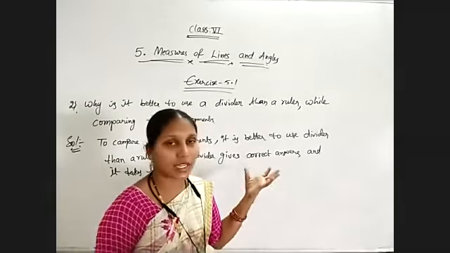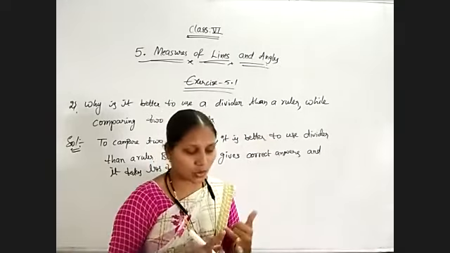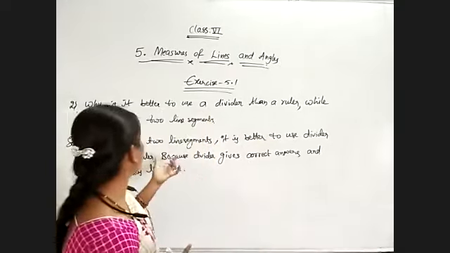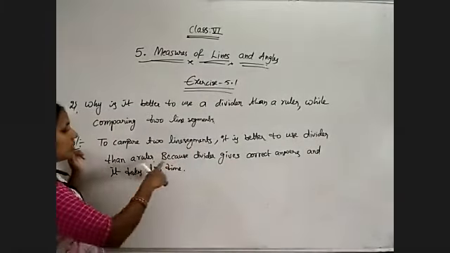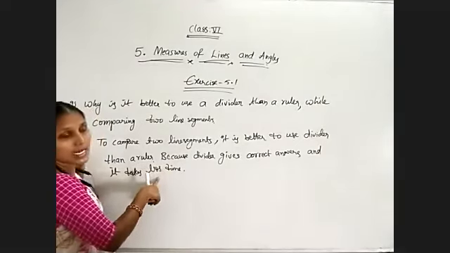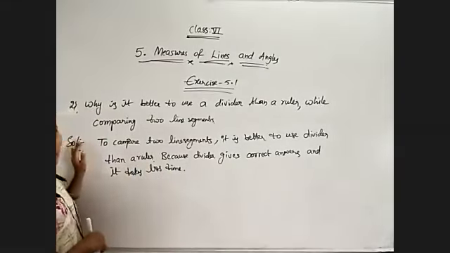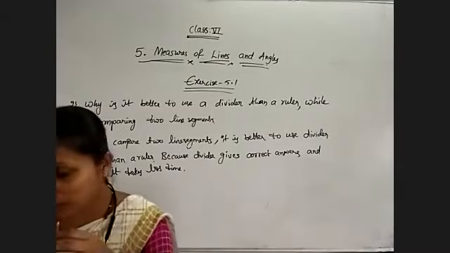We can find out which one is greater in the easiest way, and it is giving correct answers and using less time. That's why a divider is better to use than a ruler. Okay, that is the reason.